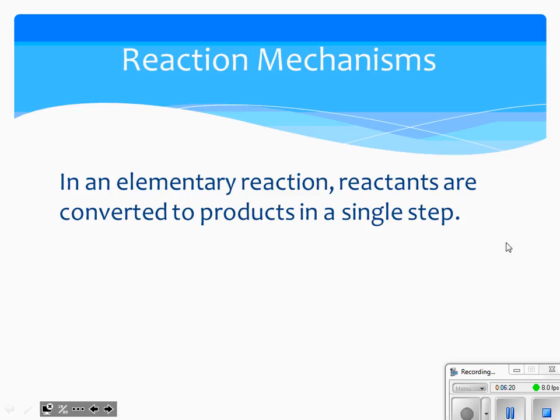Now, in order to look at these things, we have to look at reaction mechanisms. An elementary reaction is the simplest, that's why they call it elementary. In elementary reactions, reactants are converted to products in a single step.